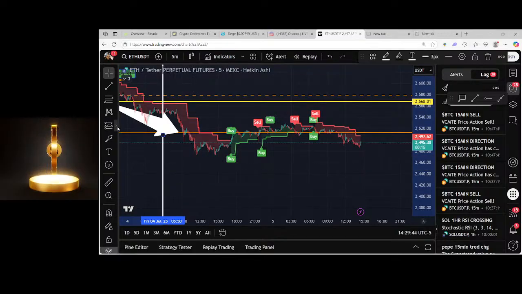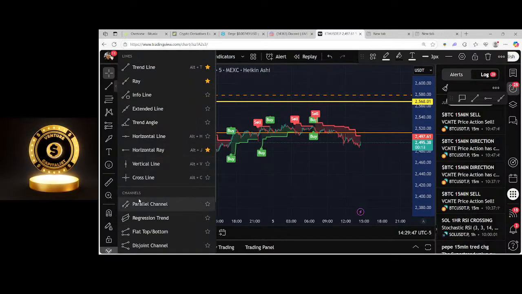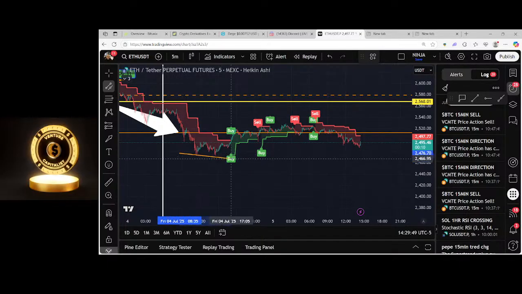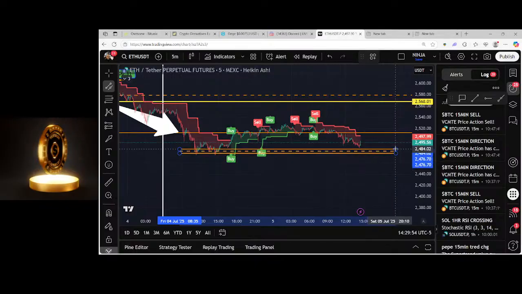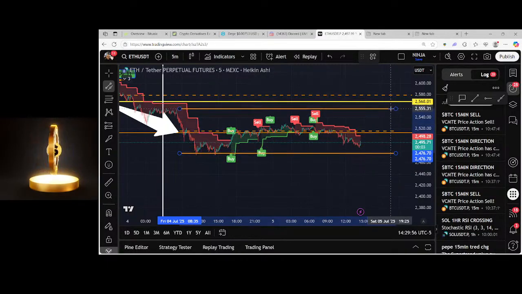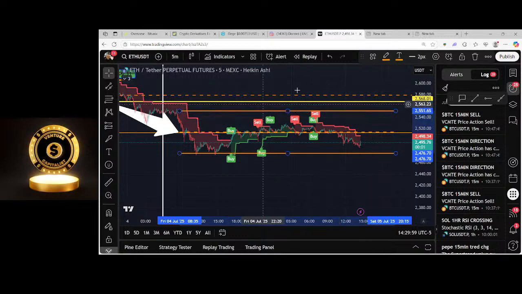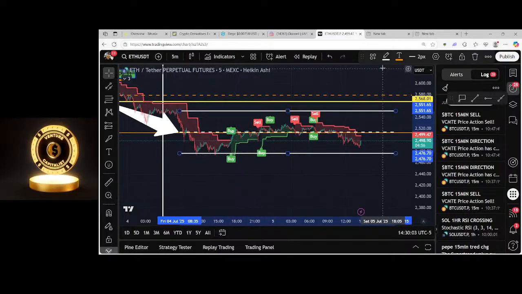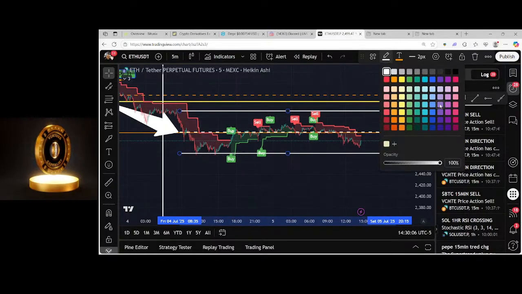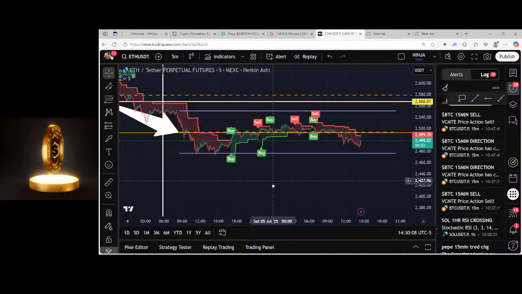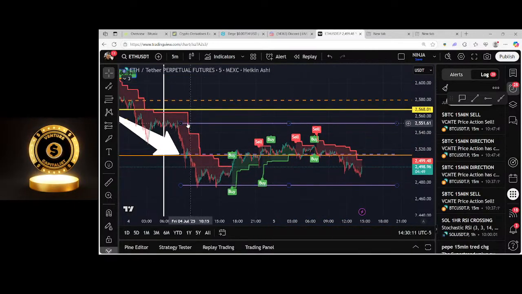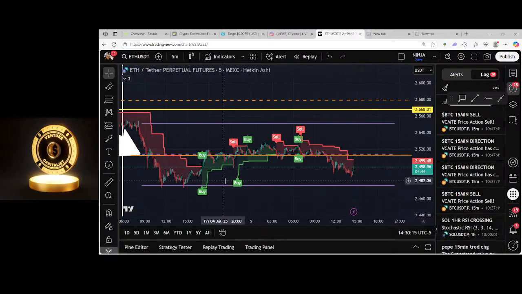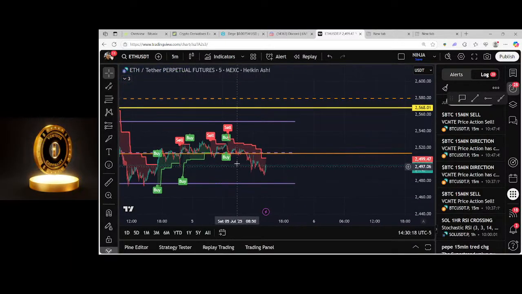If I put a channel on the previous swing low, it'd be right here, and then we'd be targeting the previous swing high, which would be up here. I'm going to turn this into, let's do something catchy, maybe purple. Now I have this high, I have the middle, which is where it's currently, and we can see that it's currently broken below that.